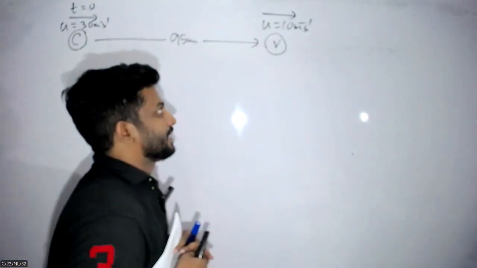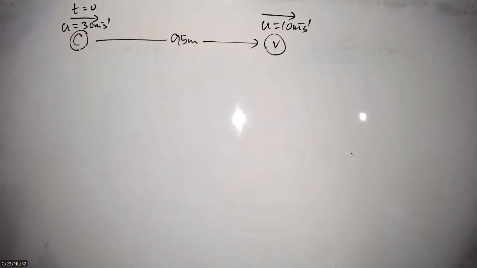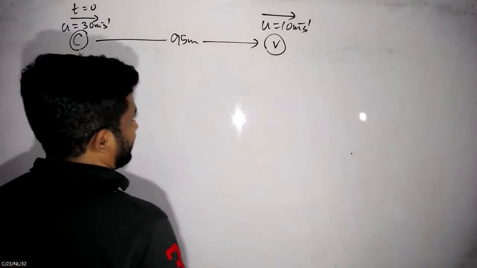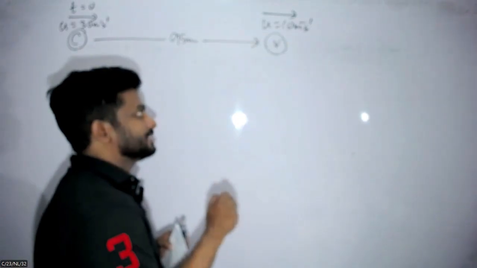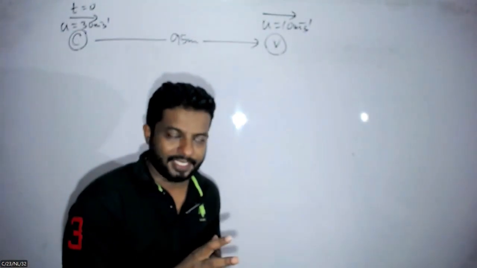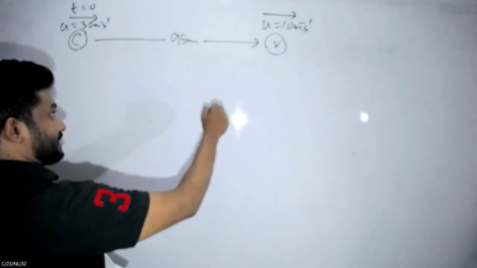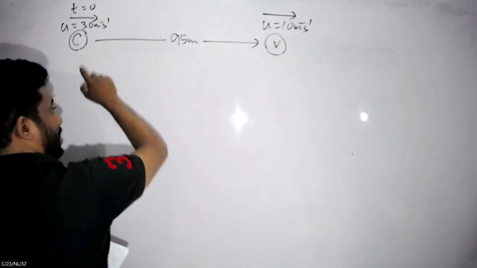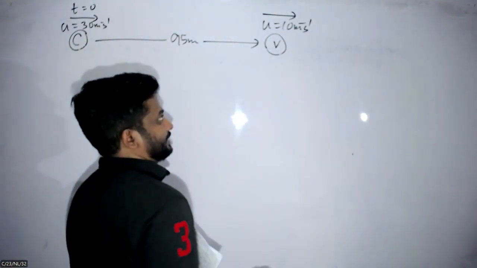Let's assume that the displacement between the two cars becomes 0 in time interval t. Here you need to know two important points. During this time interval, this vehicle and this car move in the forward direction.